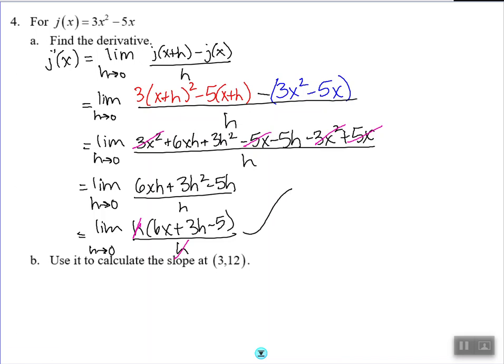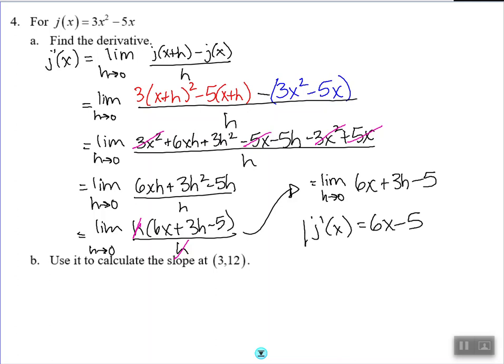So I'm left with the limit as h approaches 0 of 6x plus 3h minus 5. And then if I plug in 0 for h, I have that j prime of x is equal to 6x minus 5. So the derivative of 3x squared minus 5x is 6x minus 5.